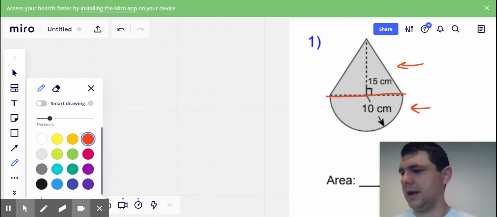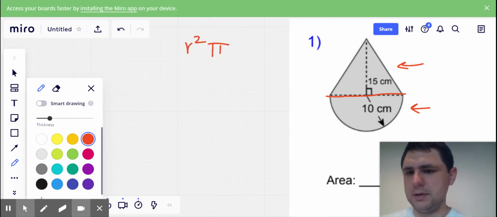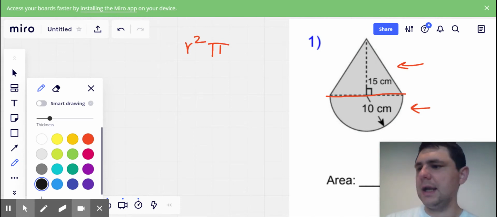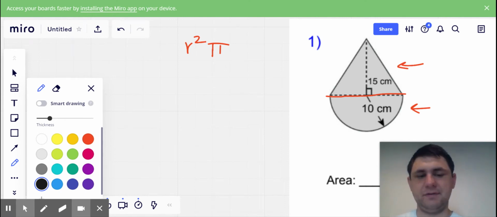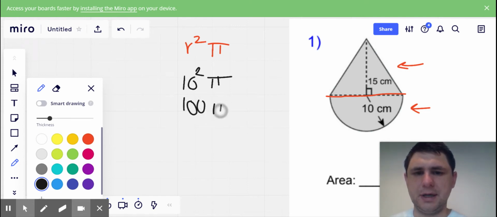Okay, so the area of a circle is radius squared times pi. And since this is a semicircle, whenever we get that for this circle, we'll divide it by 2 to take half of the circle. Okay, so the radius of this circle is 10. So we're going to say 10 squared times pi, which will be 100. 10 times 10 is 100 times pi.